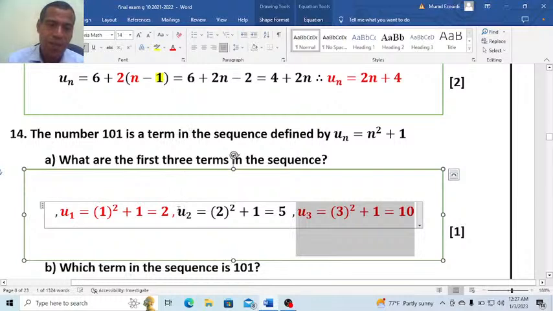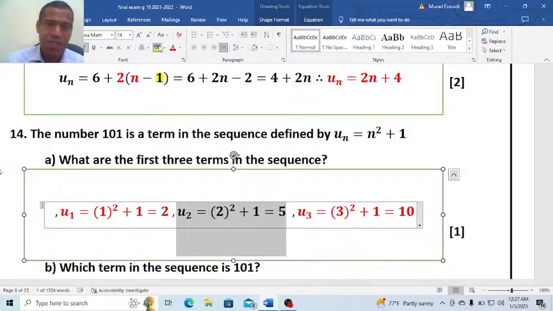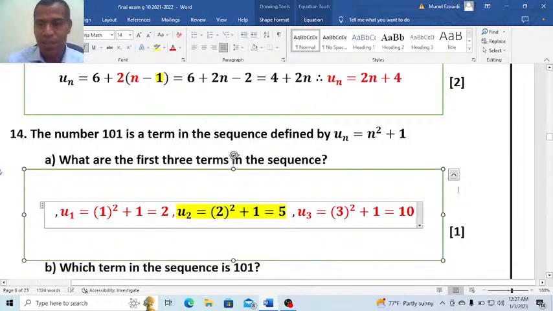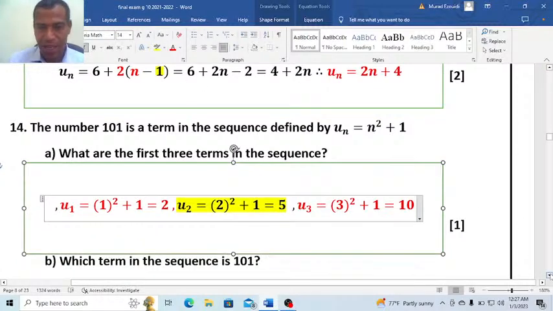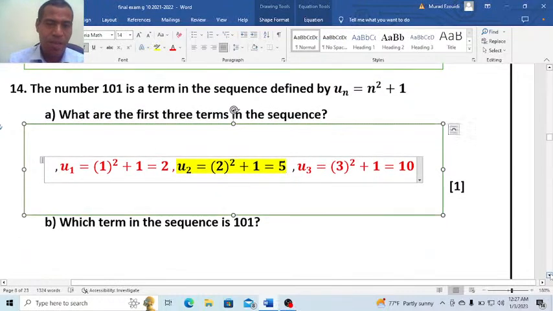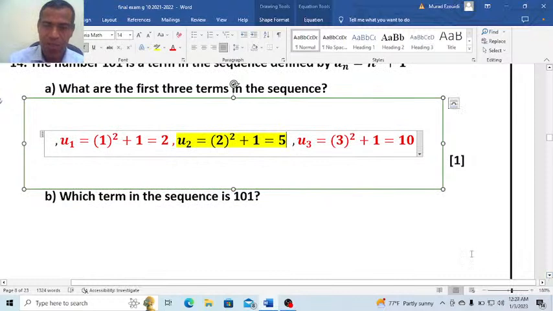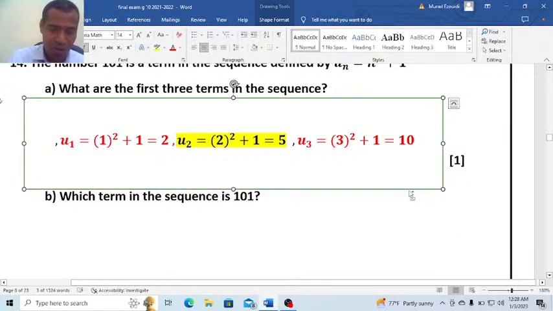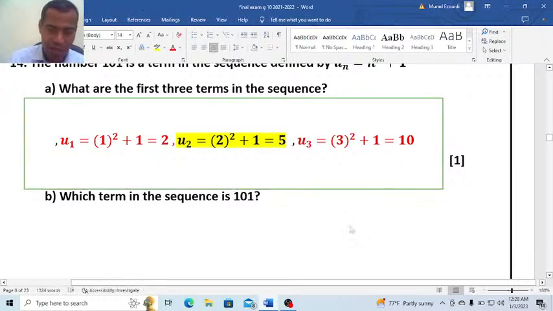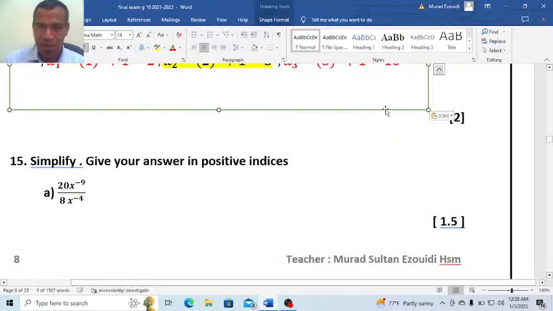Now if we move to the next one, this is with different colors. Now the question is that if you are going to find the term for which the sequence is 101 on your original term, I'll just write this one as that.